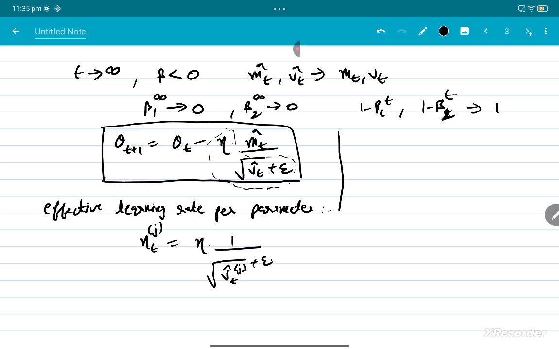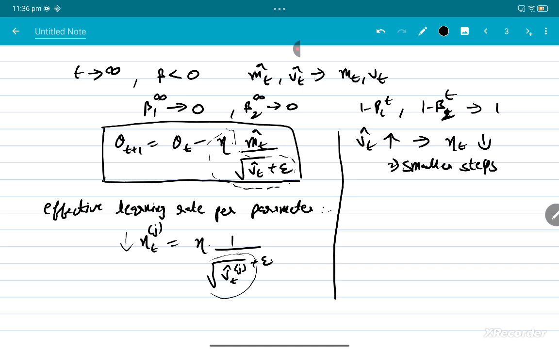Here we can notice one thing: when v_t hat is large, this quantity is large, and your eta_t will reduce. So eta_t is small, which means the learning rate is small, so it will take smaller steps, more careful steps.